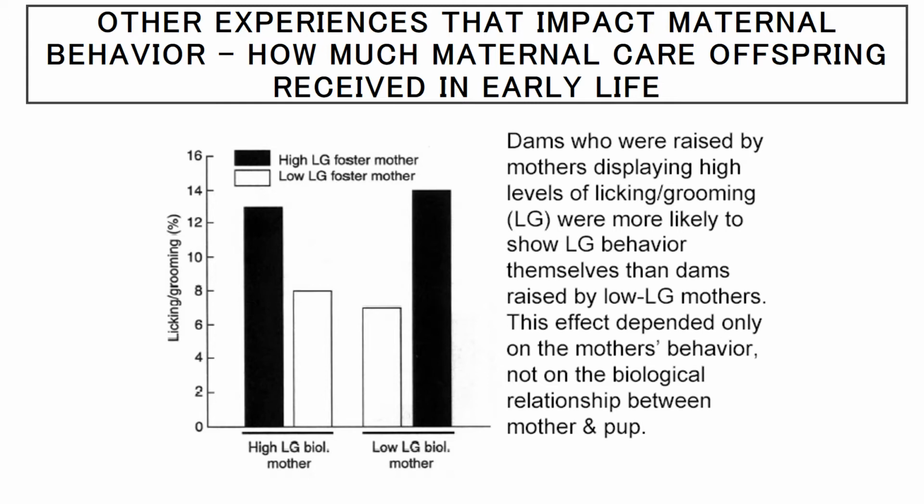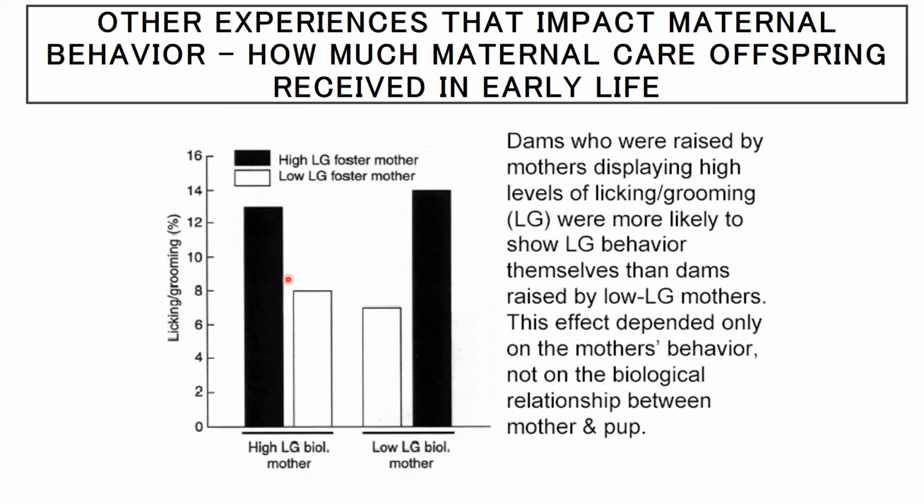So in this experiment, this is simple, but it can be a little confusing to understand because we've got two things going on here. The black bars are pups that were raised by a high licking and grooming foster mother. This is a mother that was not biologically related to them, but these pups were raised by these mothers. And the open bars, the white bars, are pups that were raised by a low licking and grooming foster mother.